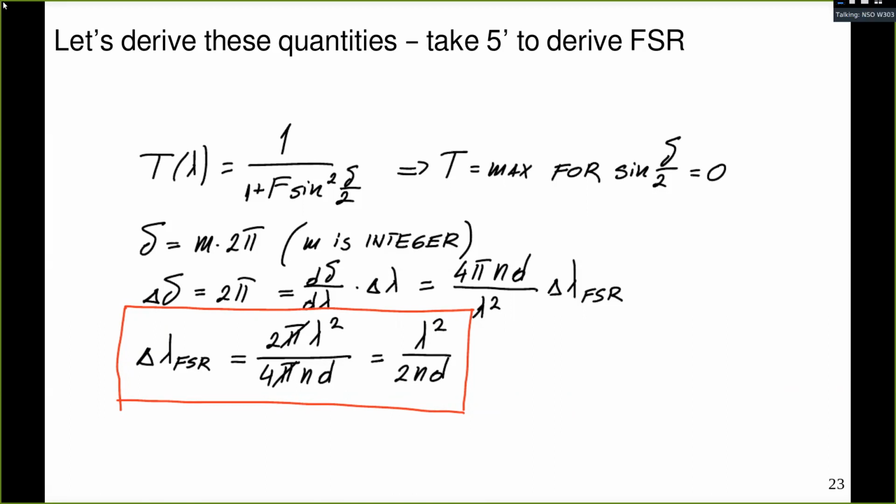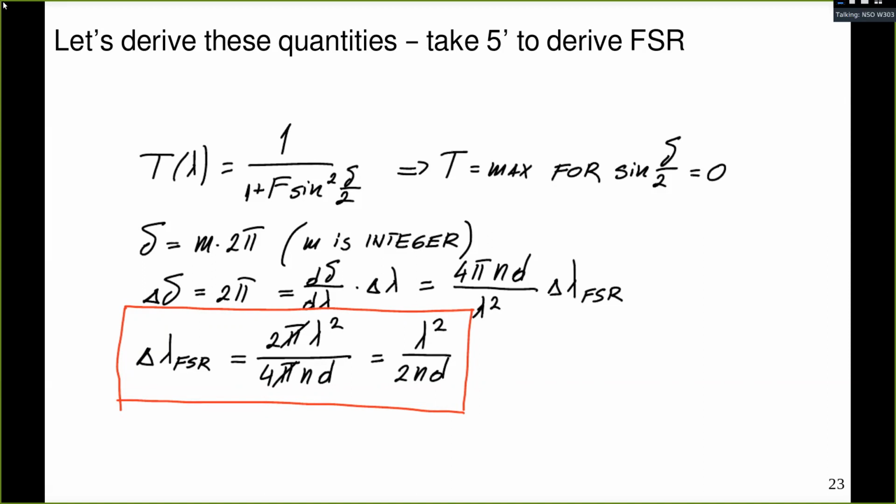Then we write this delta, which is 2 pi, as d delta over d lambda times delta lambda; there should be partial derivatives here, but it doesn't matter. Then you substitute the expression for delta, which is 4 pi n d over lambda, so the derivative is 4 pi n d over lambda squared. I can neglect the sign, which just tells me that as I increase delta, my lambda has to decrease.